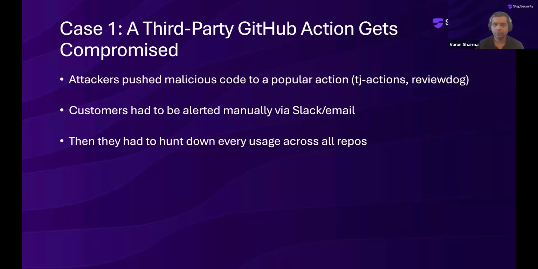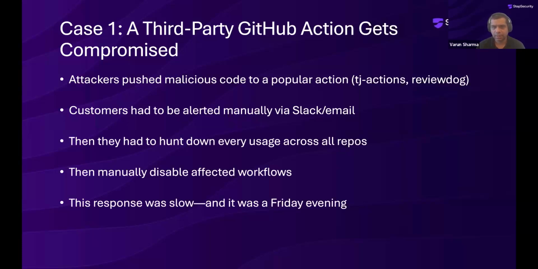And then they had to hunt down every usage of the action across the repositories. In fact, first they had to look at the alert that was sent to them, and then they had to realize that this incident has happened. Then they had to look for all the instances across the repositories and then disable those workflows manually.